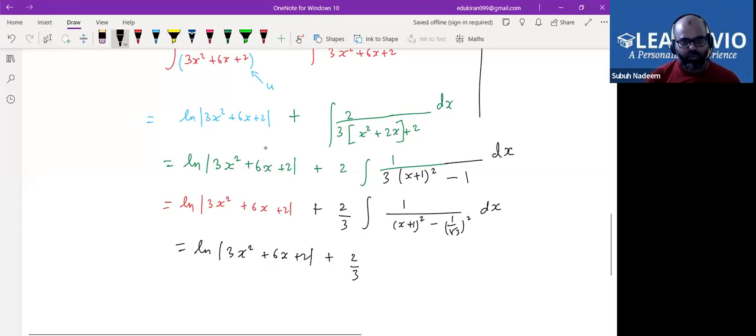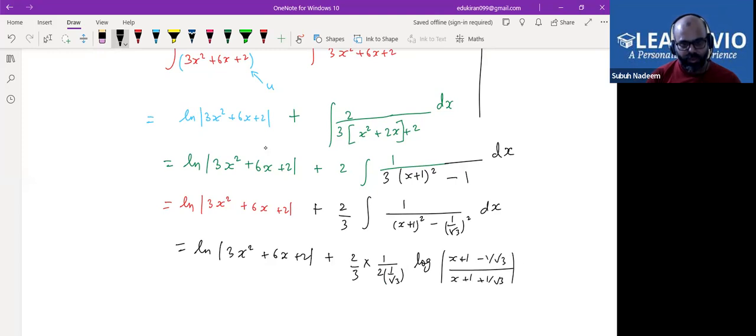So 1 by 2a, where a is 1 by root 3, log of (x plus 1 minus 1 by root 3) by (x plus 1 plus 1 by root 3) plus c.